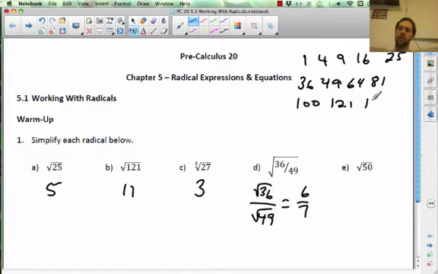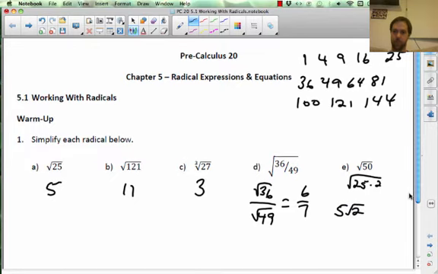All these perfect squares, we see if any one of them can come out of a radical that can't otherwise be expressed as rational. And 25 will come out of this one, so we write this as 25 times 2. And we can take the root of 25, so you can see that this is still 50 under the radical sign. And the root of 25 is 5, so we get 5 root 2.